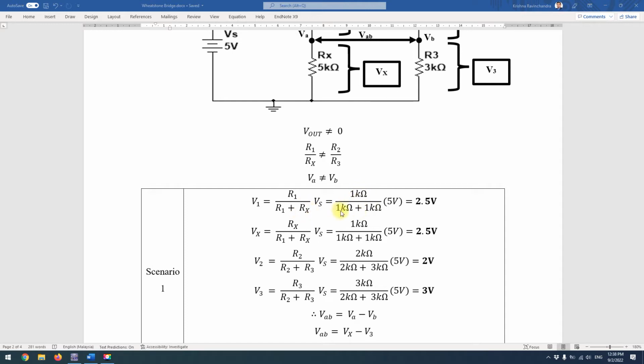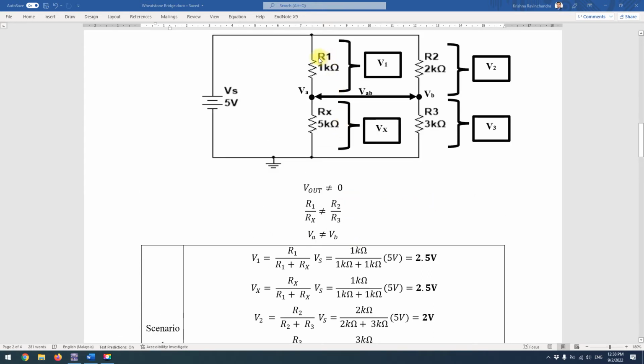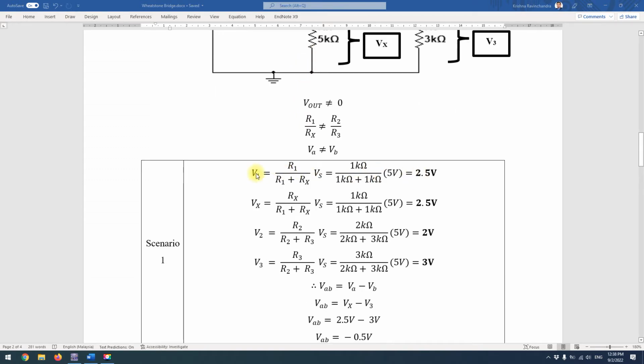So 1k divided by 1k plus 1k, multiplied by the voltage supply, gives us 2.5. Since R1 and Rx are equal, and this is a series connection parallel to the voltage source, the voltage will split equally. If here is 1k and here is 1k, the voltage over each will be 2.5 volts. So V1 is 2.5 volts, Vx is 2.5 volts.